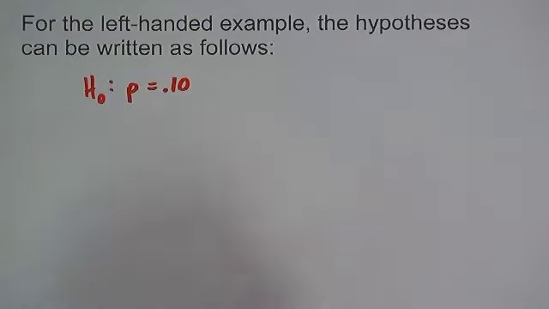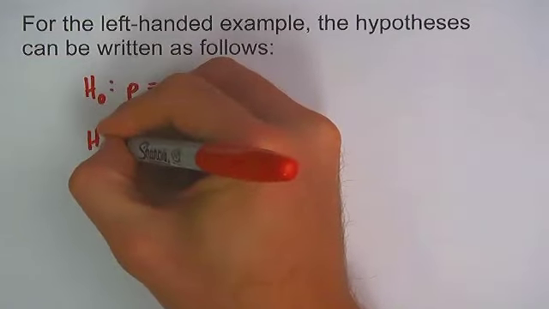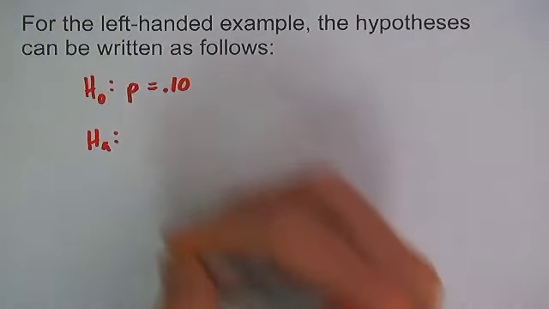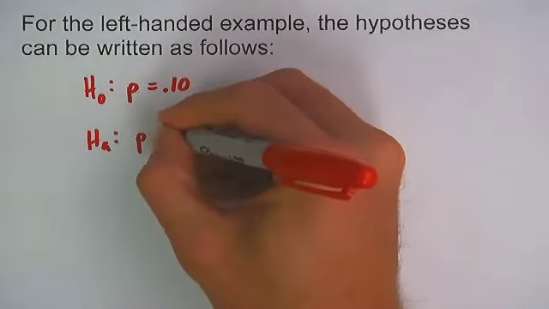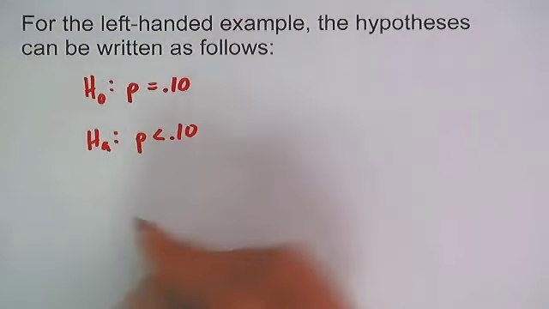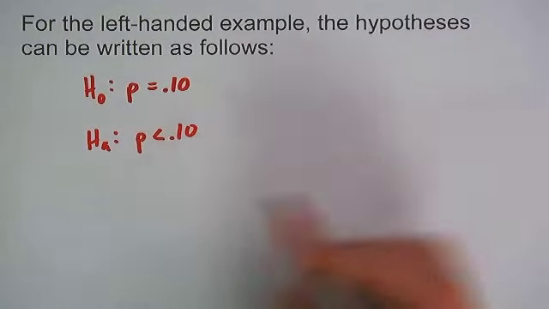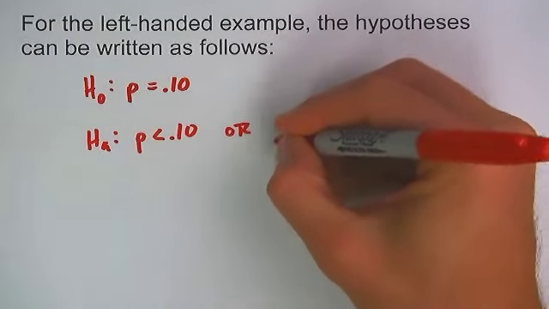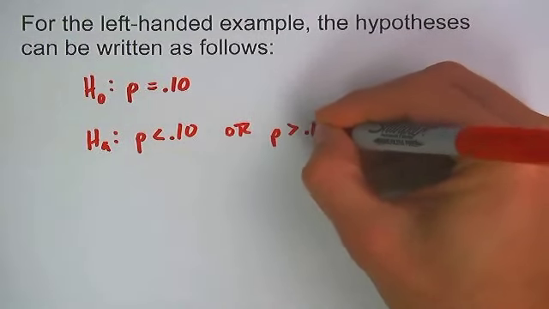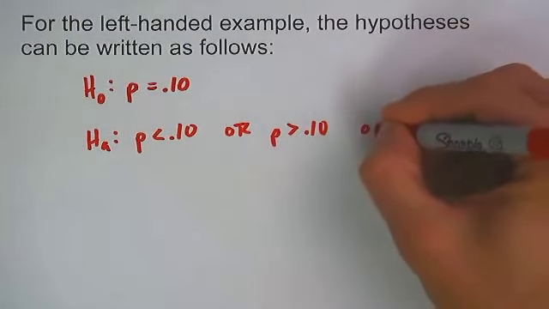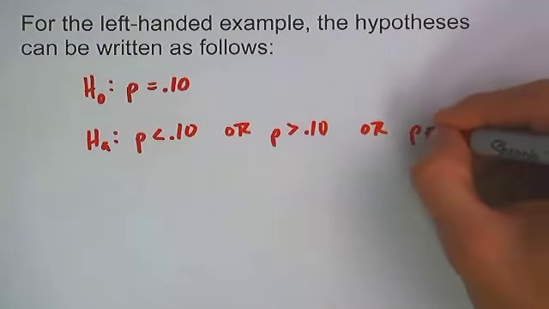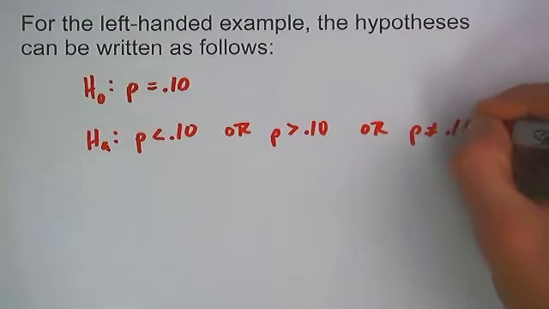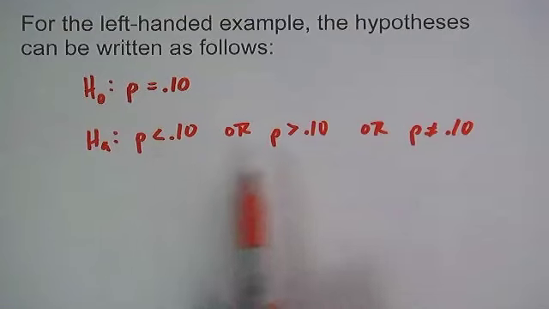Now my alternative hypothesis can be written really in three ways. I'm going to write all three ways down here. It can be p less than 0.10, or p greater than 0.10, or p not equal to 0.10. These are the three options that I have.